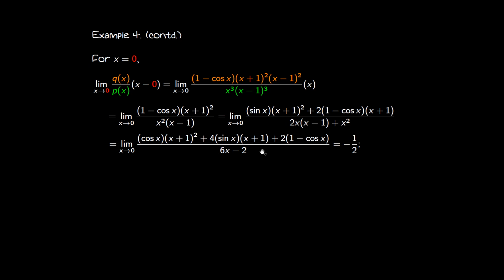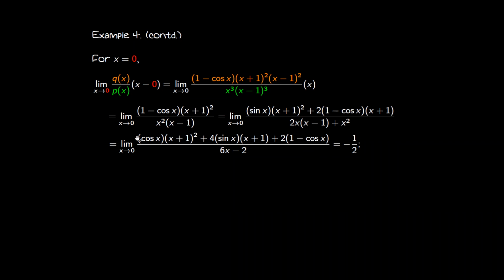Here is just a second application of L'Hopital's rule. For this part, the sine derivative is cosine, and then you have the first factor. The second part is actually combined over here. This term is a combination of the second term here and the first term here.